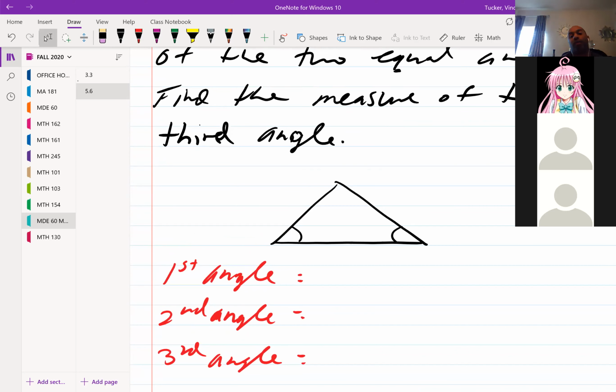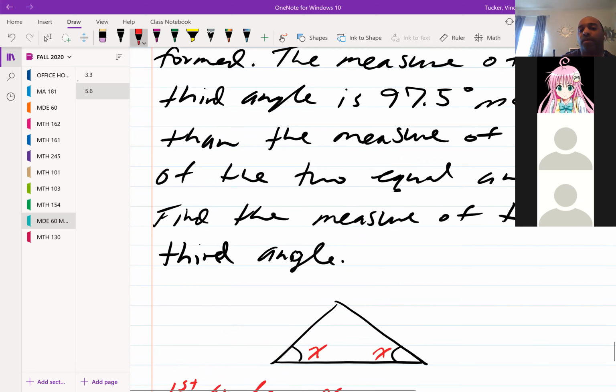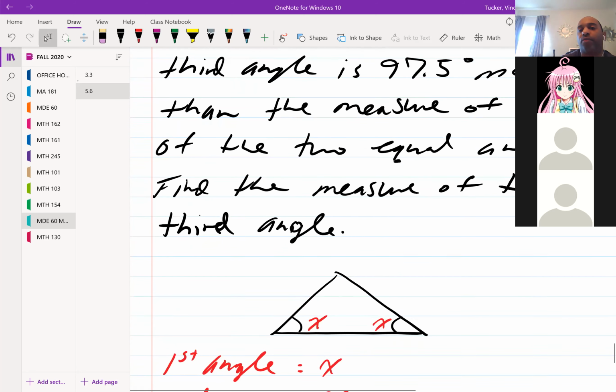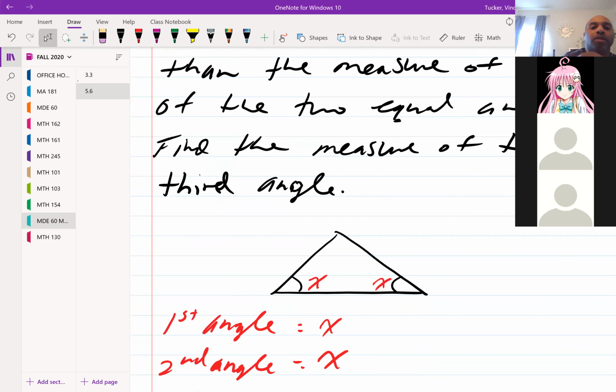Now, two of the angles are going to be equal. So what we can do is call both of those x. And it says the third angle is 97.5 degrees more than the measure of either of the two angles. So if it's 97.5 degrees more than, that's just going to be x plus 97.5.